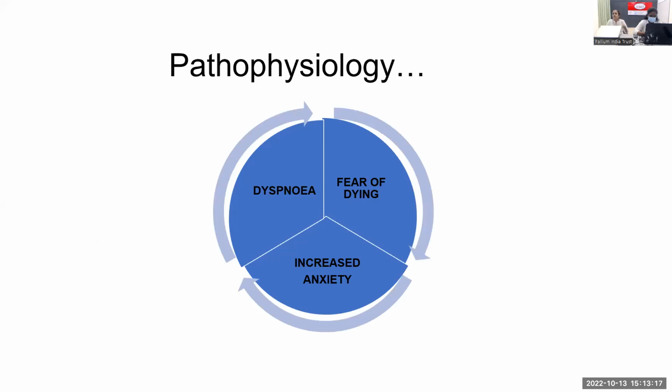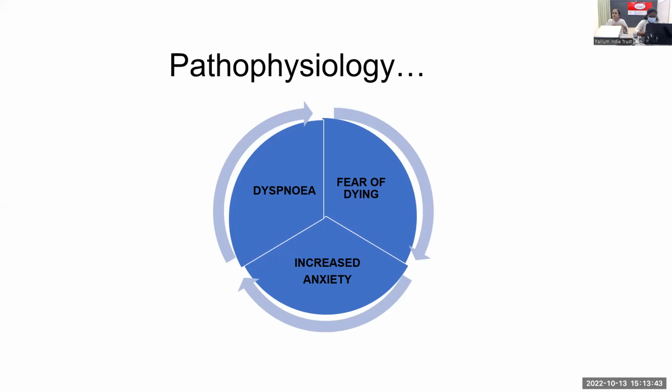So, what is the pathophysiology? I'm not going into the cerebral cortex or your breathing chemoreceptors and everything. This is the thing that we need to understand from now on. Any kind of breathlessness, people relate that to death, right? If any one of you have experienced breathlessness, when you become breathless, you feel that I'm going to die without getting proper oxygen. I'm going to die now.